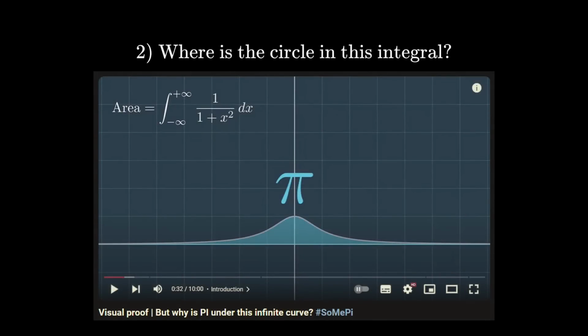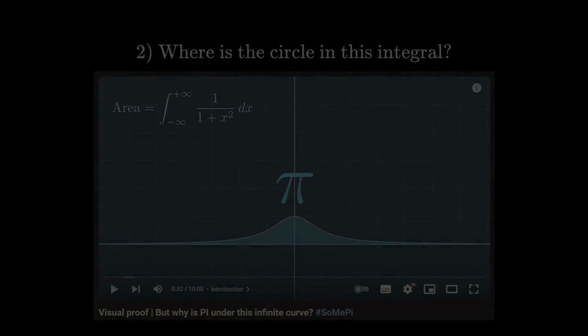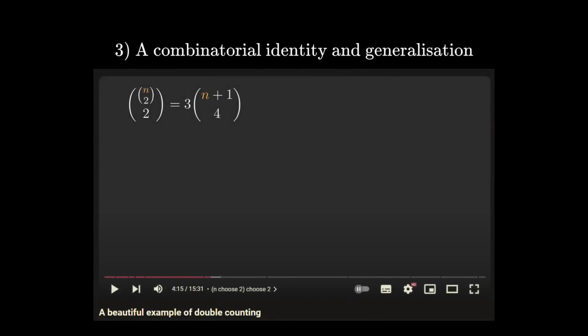For example, this one explicitly and very directly demonstrates a circle in computing the integral. This video finds an elegant combinatorial proof of the identity and generalizes it much further, which is possible because the proof in this simple case was so elegant in the first place.